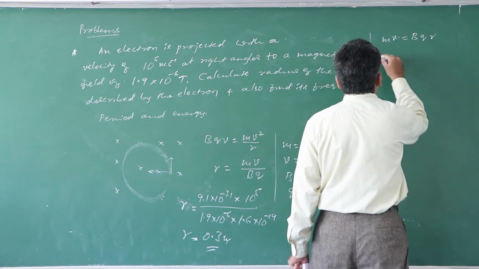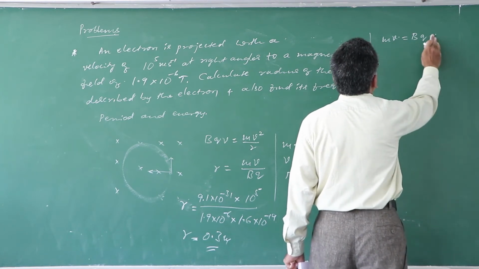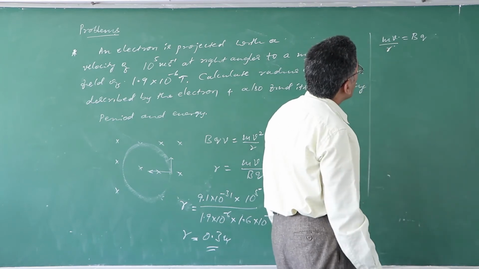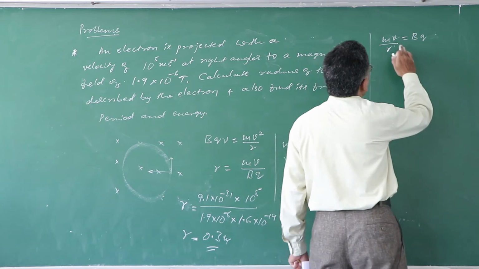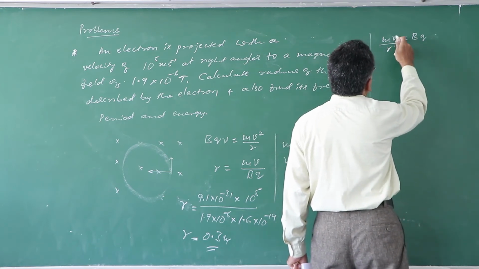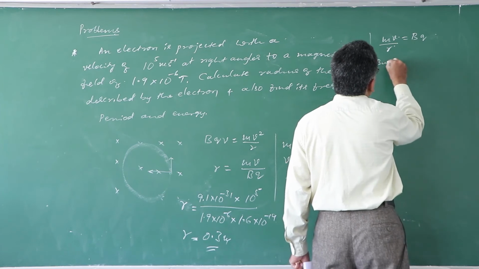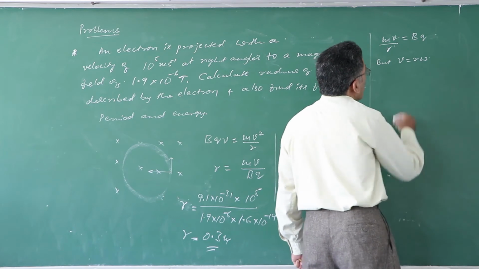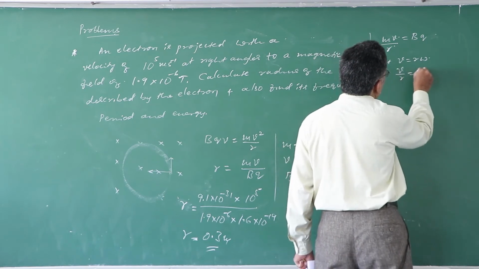We can write it like this, m into v by r is equal to bq. One v got cancelled. But v is equal to r omega, or v by r is equal to omega.